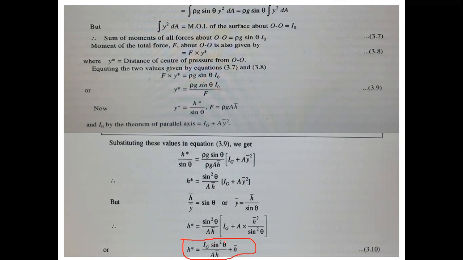Now here the object is making a certain angle to the surface of the water, so obviously we have to use h star equals Ig sine square theta by A h dash plus h dash. So this is the formula for inclined objects whenever the object is submerged in the liquid completely or partially. So like this we have to consider when the object is placed inclined.